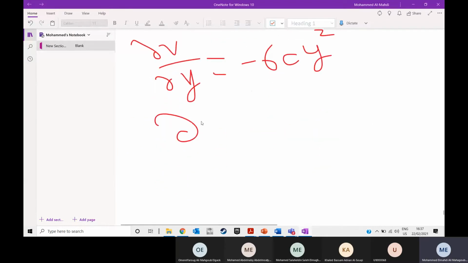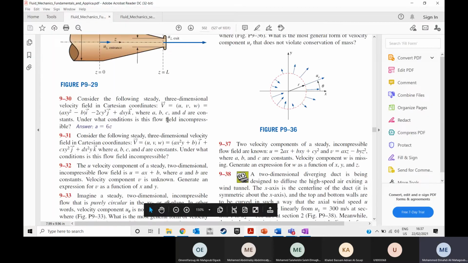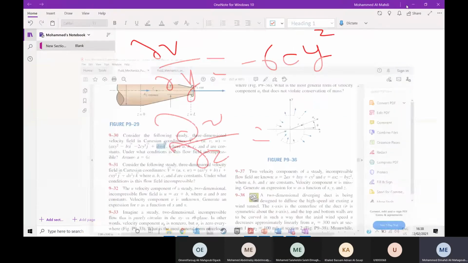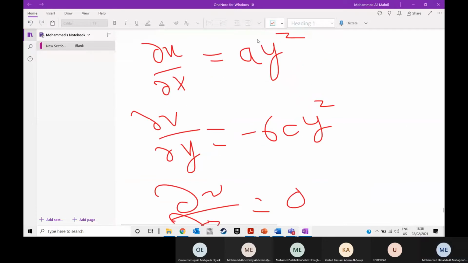And then partial w by partial z is equal to 0, right? Because there is no z in the z component of the velocity, so the partial by partial z is equal to 0. So now we end up with only these two.